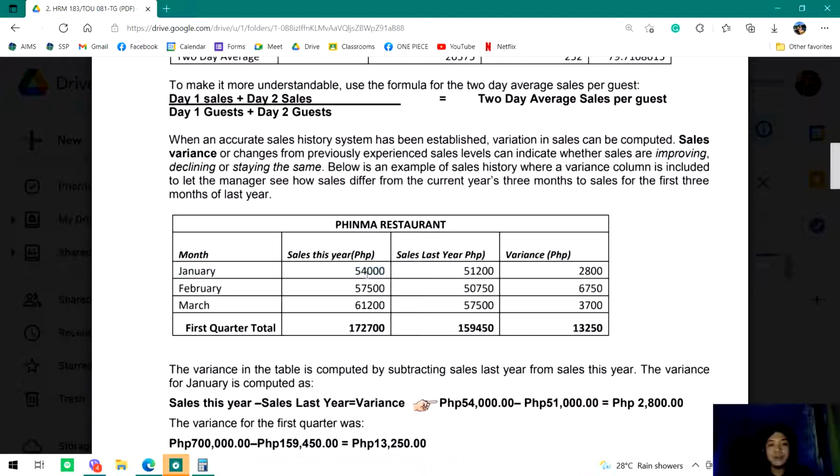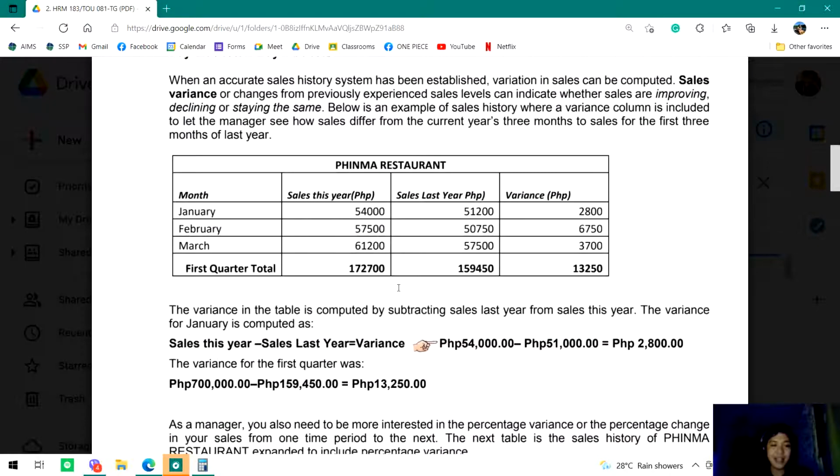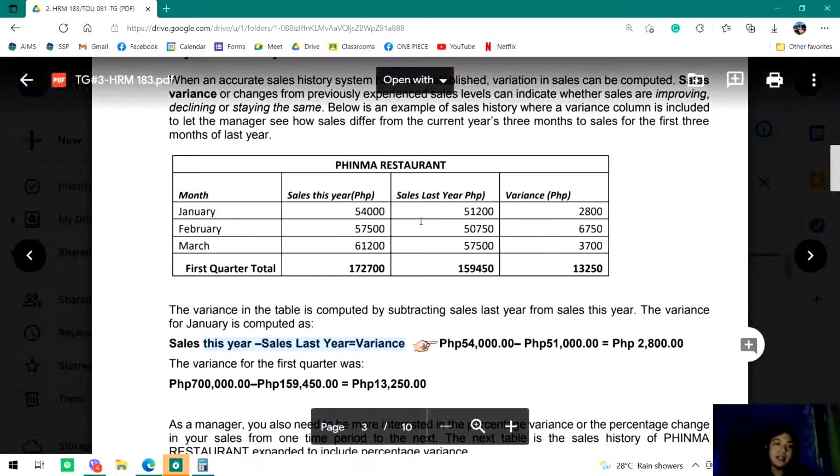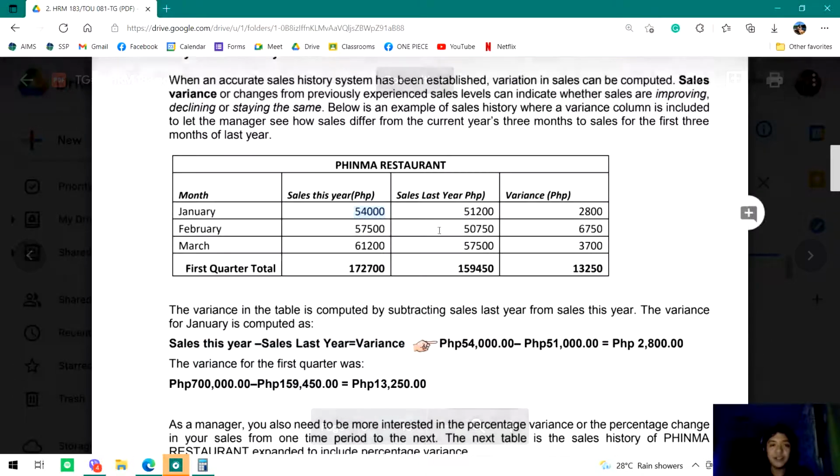To get the variance, you just have to subtract the two: sales this year minus sales last year. So 54,000 minus 51,200 will be 2,800. That's it. 54,000 minus 51,200 is 2,800.